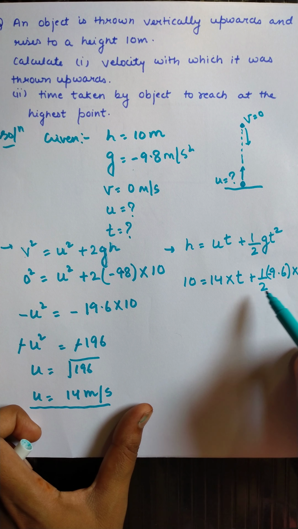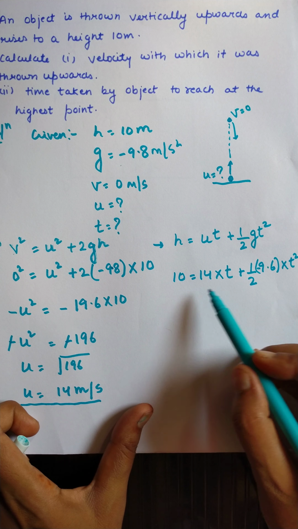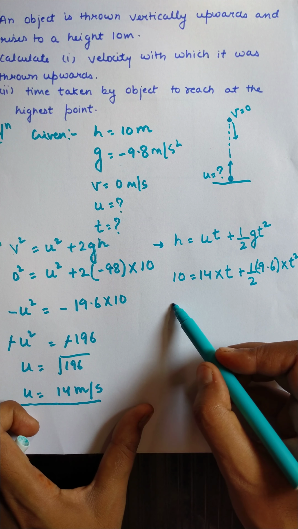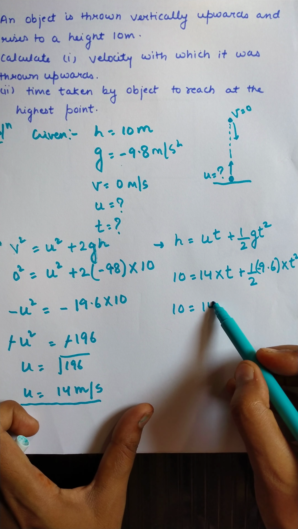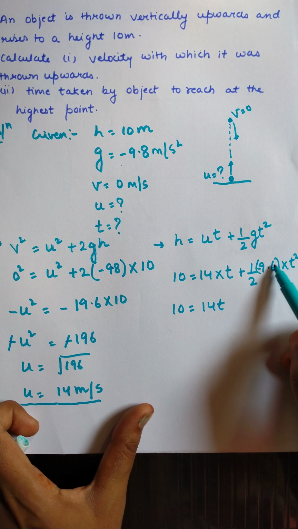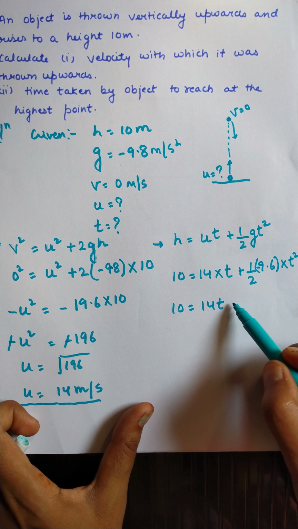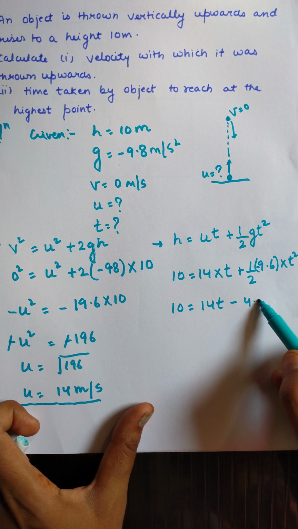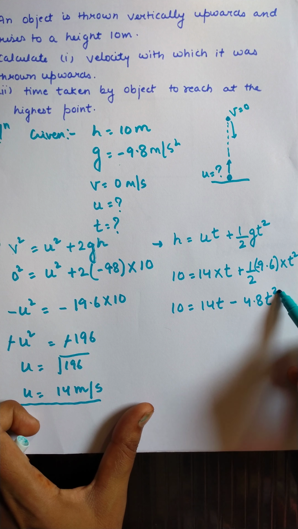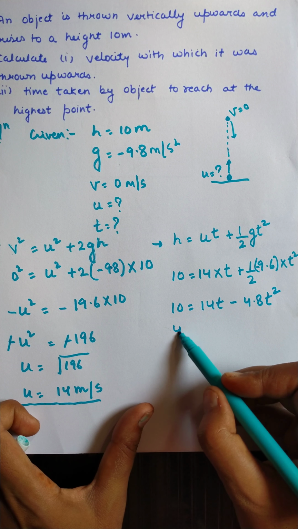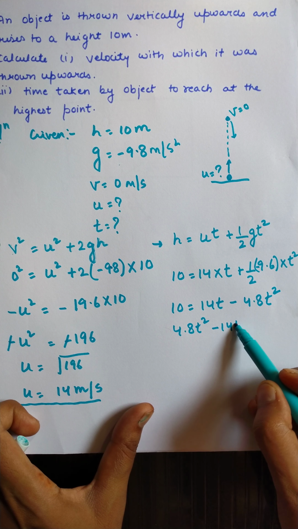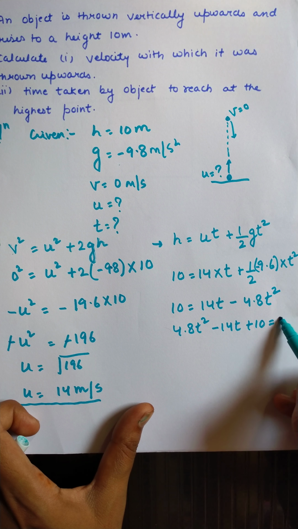Students, we can do it this way, but it will become very lengthy. So 10 equals 14t minus 4.9 t square. So we get 4.9 t square minus 14t plus 10 equals 0.